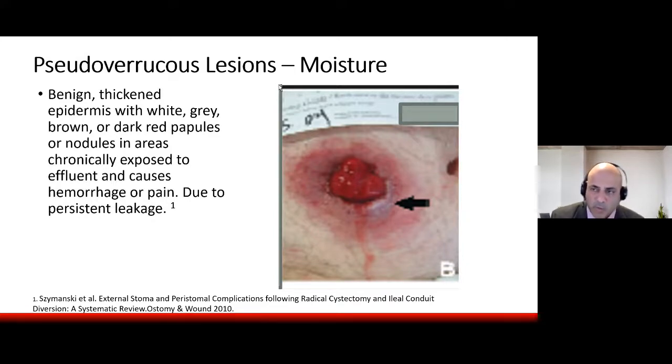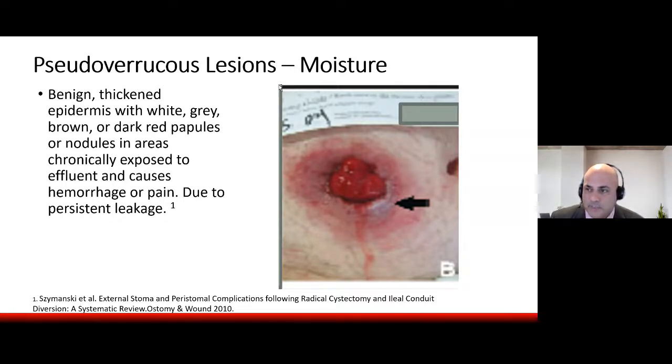For example, a bit of redness in a light skinned person, and it could be different colored areas if someone has darker skin. But once that happens, if one doesn't address that leakage, the persistent leakage will start to cause skin damage. The top layer of the skin, the epidermis, will start to get broken, and the tissue under it will continue to get irritated and in worse shape.